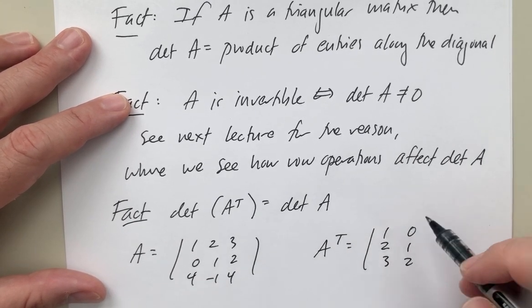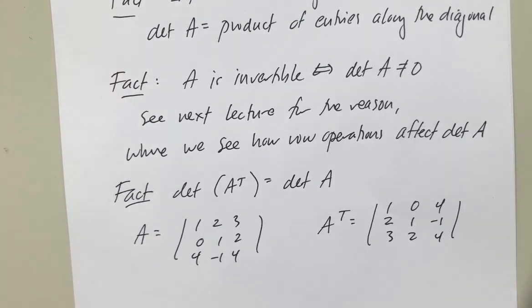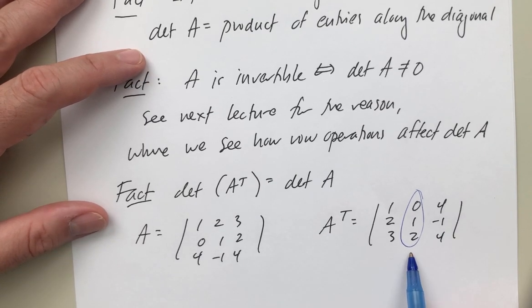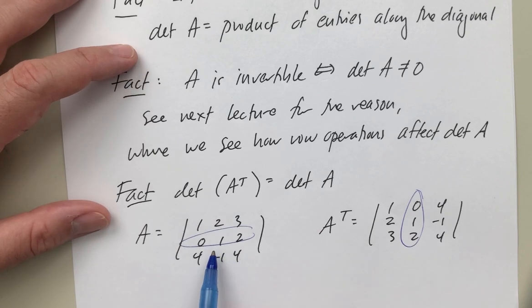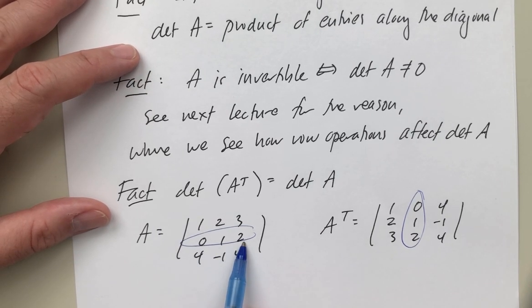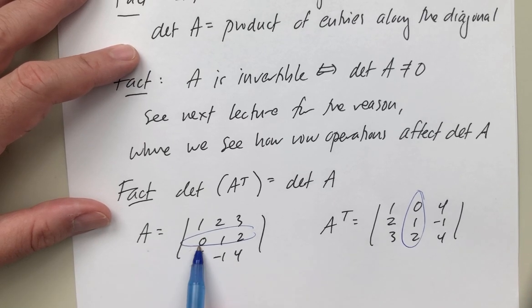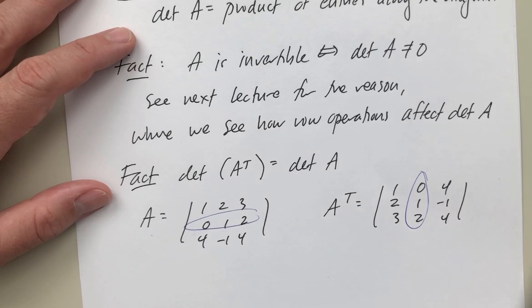Second column is the second row, etc. So if you now went to compute the determinant of A transpose, let's say I pick the second column to expand upon. Well, notice that the second column of A transpose was the second row of A. So I can choose the second row of A and expand upon it to compute this determinant. And I'm looking at the same calculation in both cases. I get the same number.